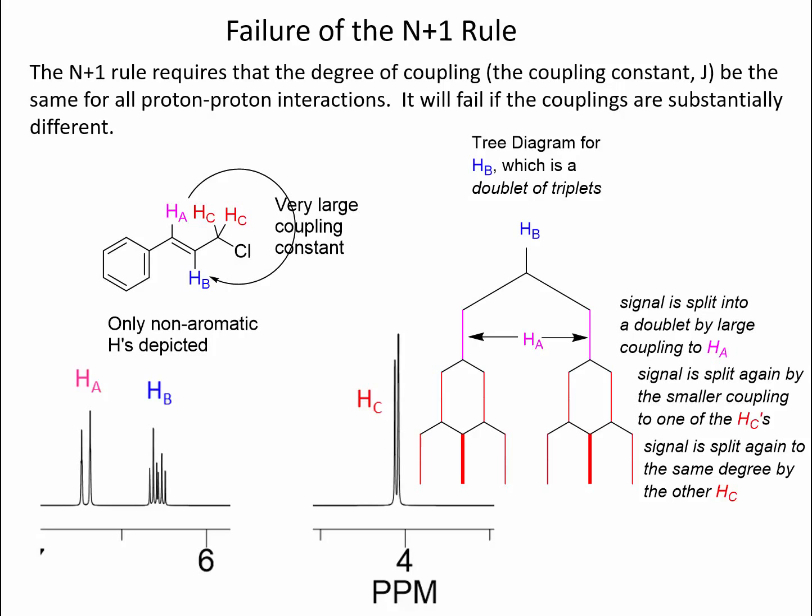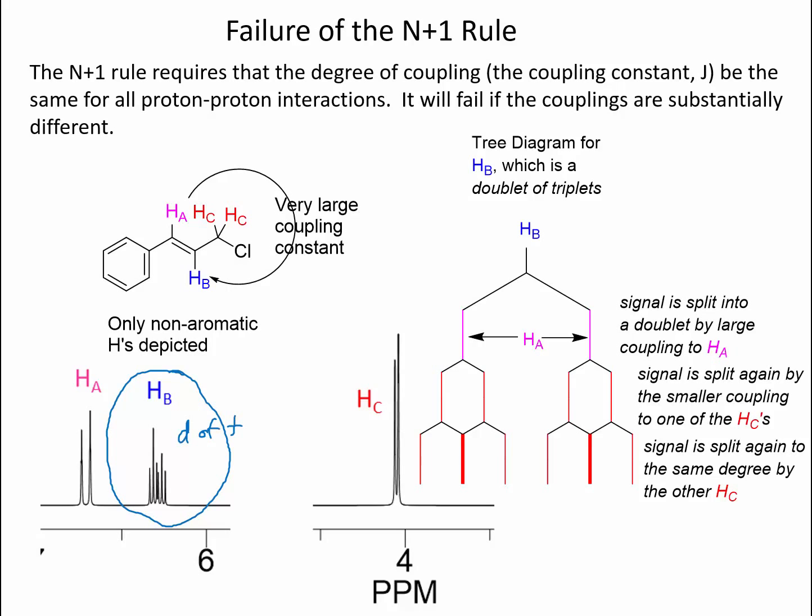If we look at HB here, this is the interesting one. The degree of coupling to HA is much higher than the degree of coupling to HC. And if we look at the pattern for HB, it doesn't follow the n+1 rule. It's called a doublet of triplets.